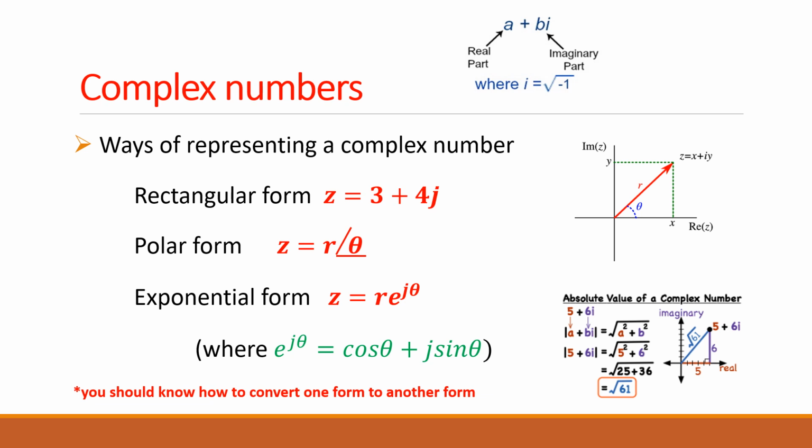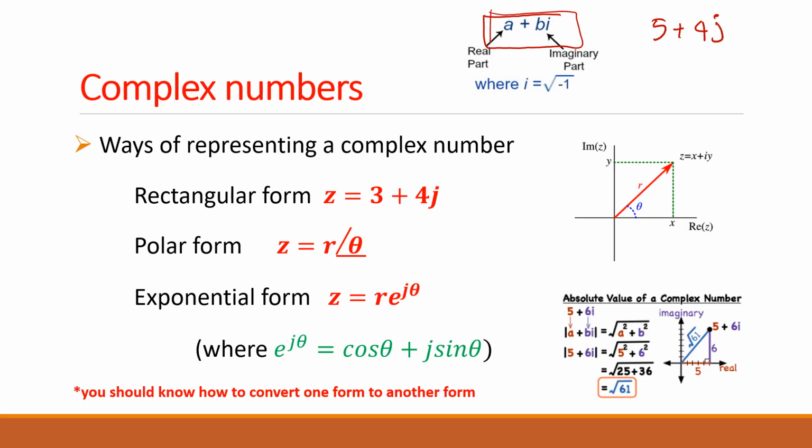What do we mean by complex numbers? Complex numbers are represented like this, a number, for example, 5 plus 4j. I'm not going to use i, because we are using I for the current. So to make it different, we are using j for the imaginary part.